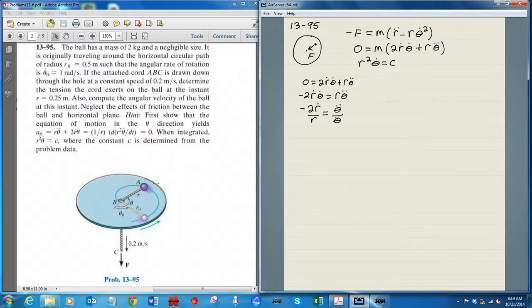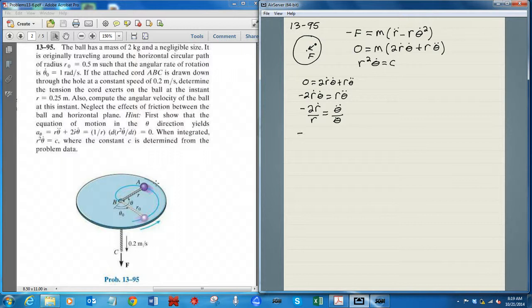So when I do, I'll clean this up just a little bit and then put in an integral. Let me put in one more step. Instead of the dot terms, I'm going to put in a time derivative. I'm going to write it out.